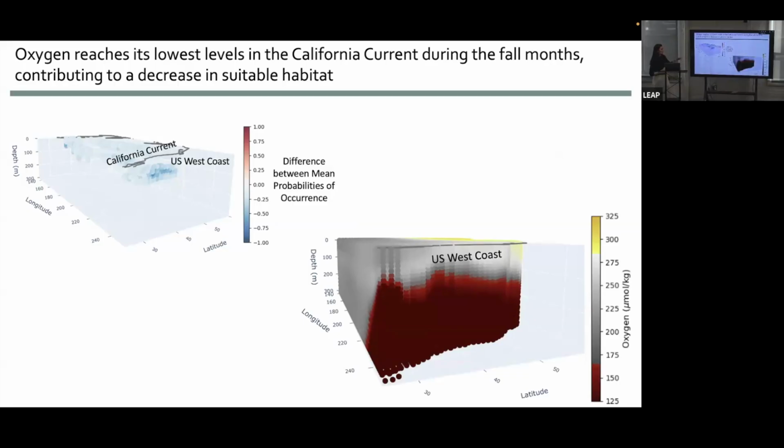So these low oxygen levels shoal in the fall and begin to encroach on what would otherwise be suitable habitat for these fish. This is a very quick, fairly simple example just to show the ways that we can use these tools to disentangle drivers of species movements across space and time.